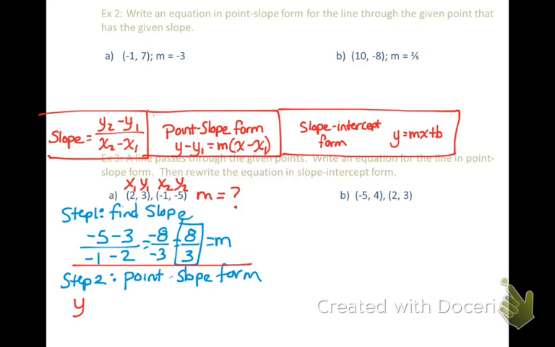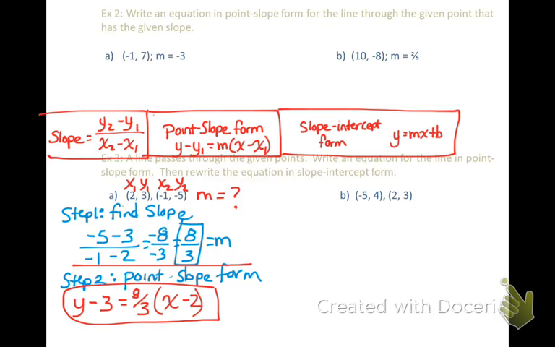So you're going to do y minus y1, which happens to be 3, equals m. Remember, now we just found out what m is. That is 8 over 3. And then I have x minus x1, which is 2. Here is the first problem you need to have down for me.